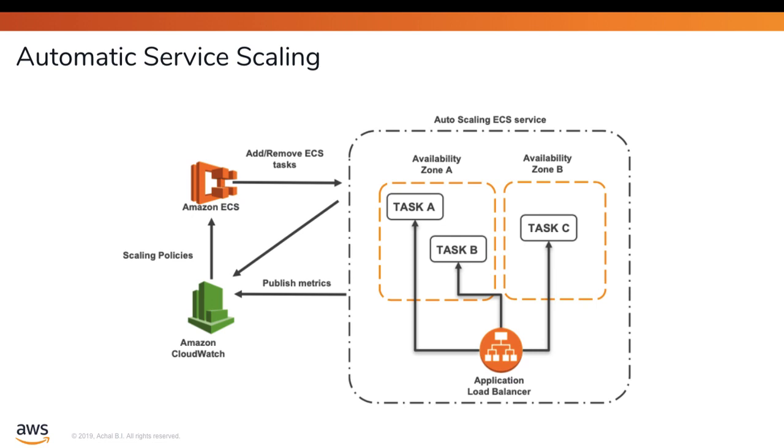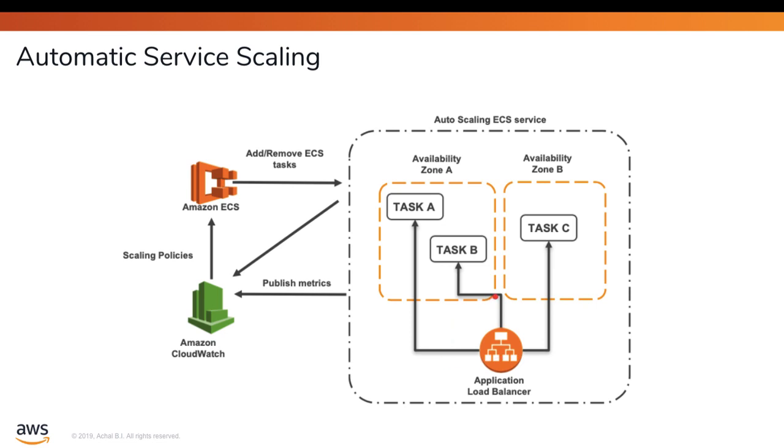So here is an architecture diagram of automatic service scaling. So we have two tasks, task A, task B in one of the availability zones, and task C in another availability zone, and it is maintained by application load balancer.